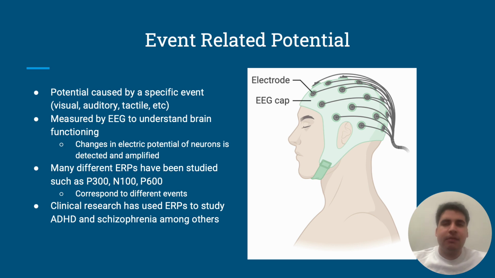And there are many different scientists dedicating their careers to studying these different event related potentials. Furthermore, event related potentials, as we will see, have been used in clinical research to help with diagnosis of patients with a wide variety of neurological conditions such as ADHD and schizophrenia.